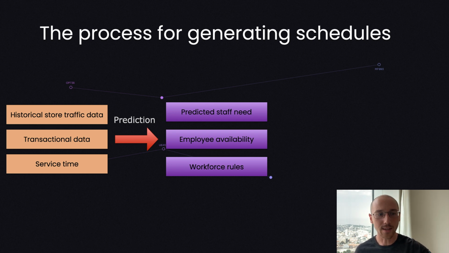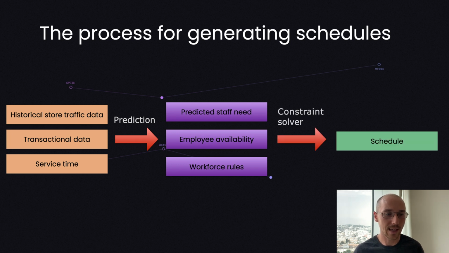So we take these three sets of data: the staff need, the employee availability, and the workforce rules, and we apply a constraint solver. I'll explain later what this means, but we have a solver that takes this model of the problem and produces the schedule to best fit the need or the constraints.